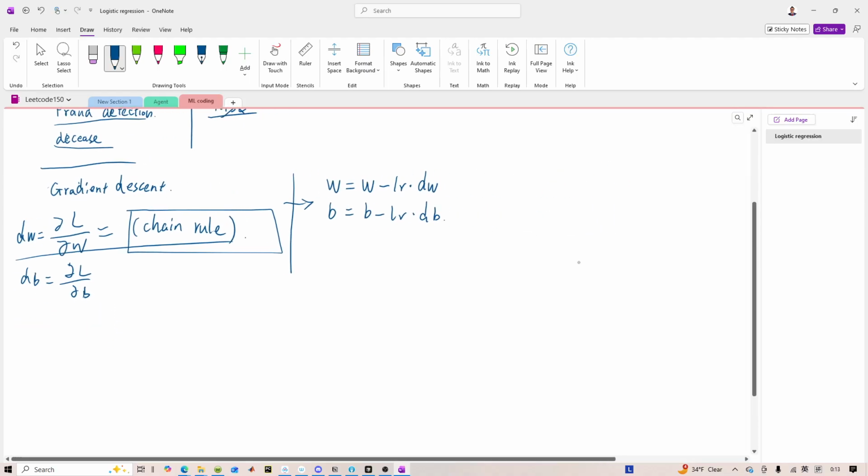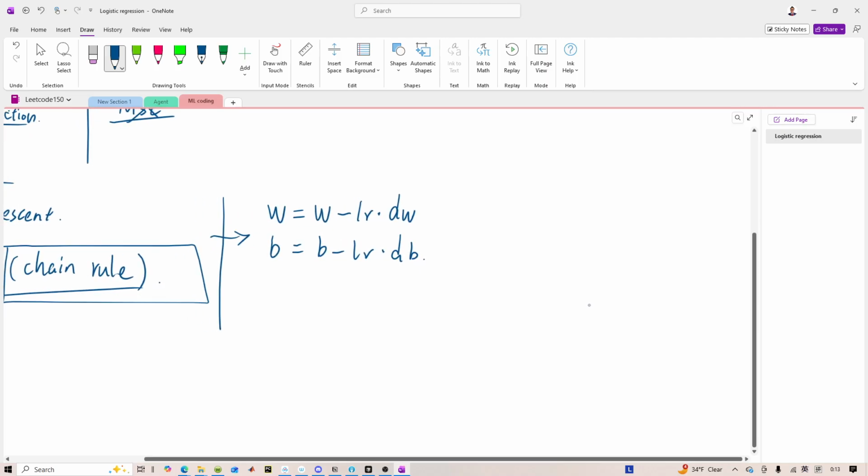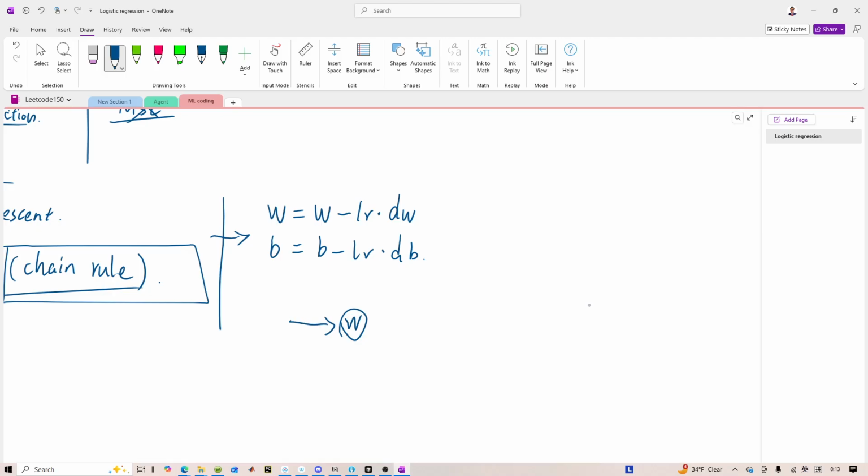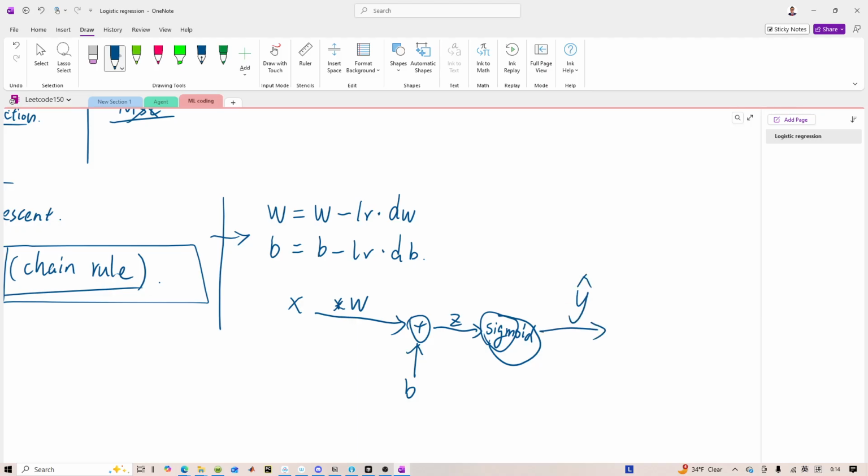And to make the picture complete, the model accepts an input x, and then you multiply x by the weights, then add the bias to form z, where you have a sigmoid activation function, and then this gives you y hat, the prediction.